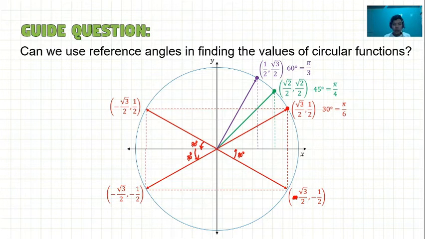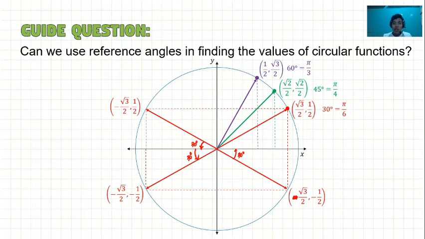So ano yung napansin natin dito? So as you can see here, yung x value natin will always be square root of 3 over 2. And yung y ay 1 half. Yung nag-iiba lang ay yung signs ng x and y. Depending on the quadrants, kung saan nabilong yung ating angle. So therefore, if we are going to find the values, you can just refer it to its reference angle.